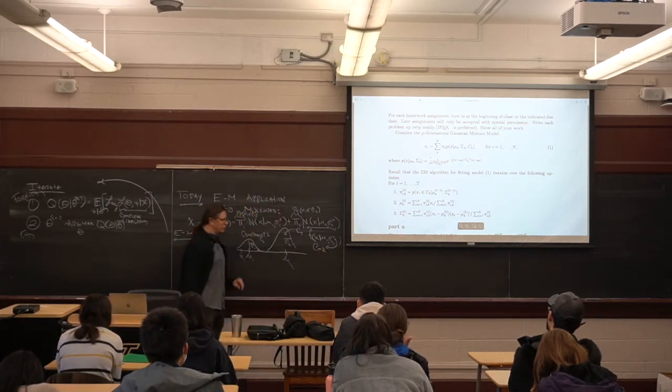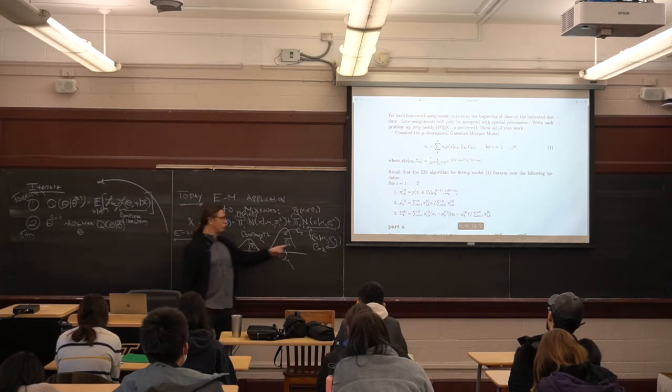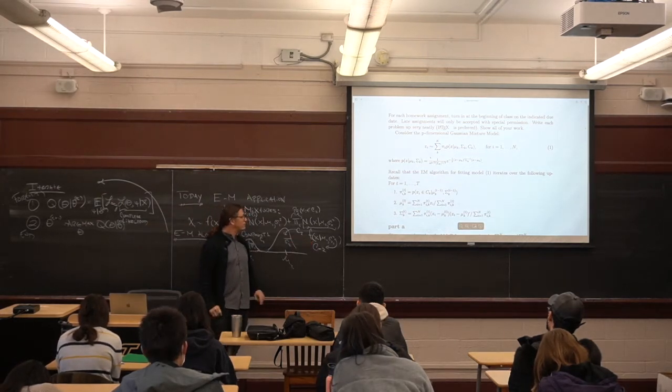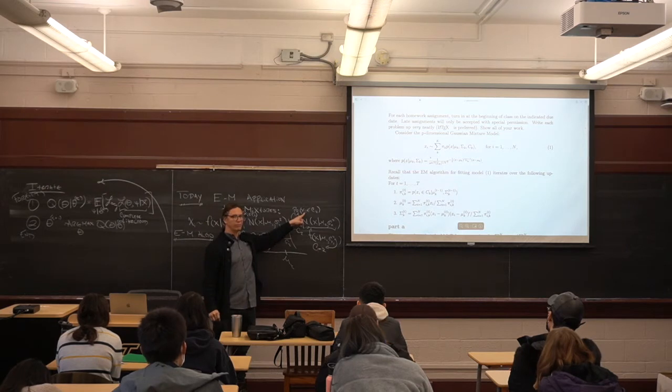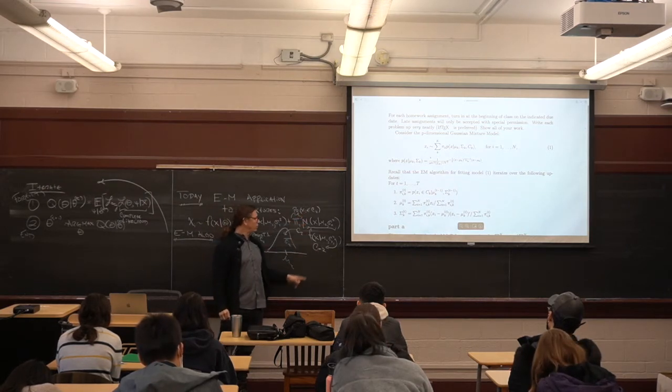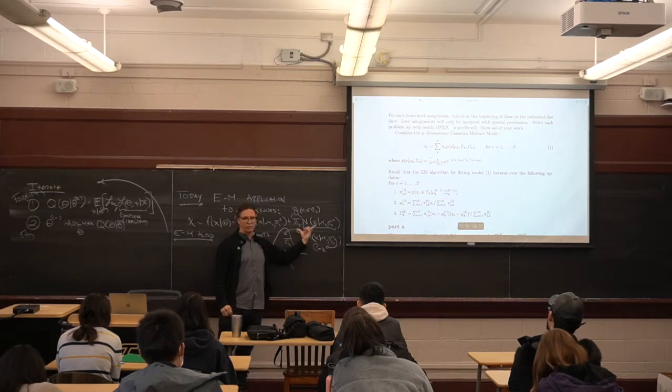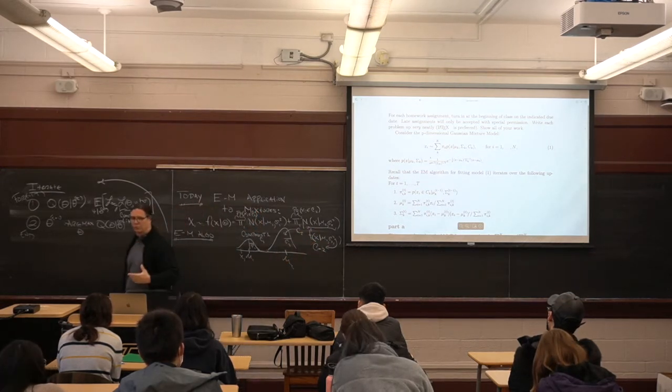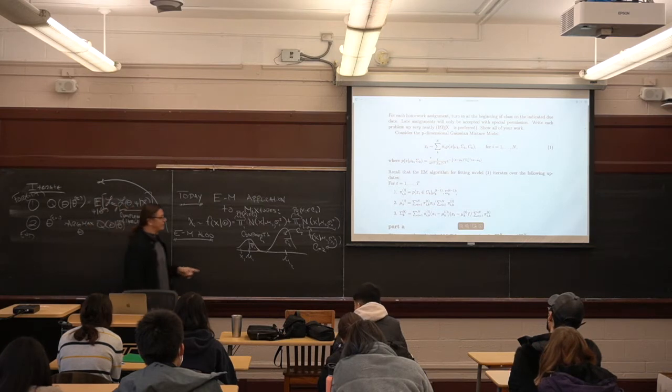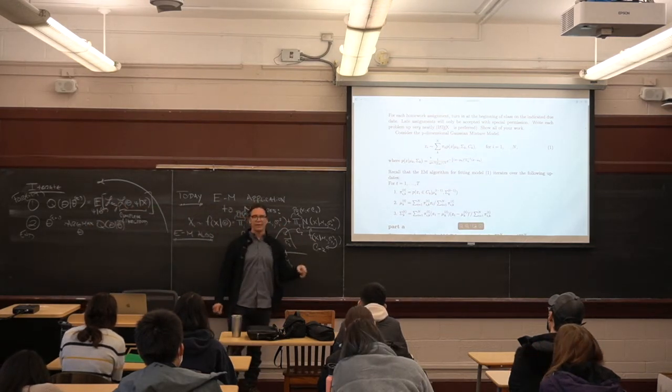In my notation, this is the conditional distribution. This is the probability of coming from C2. This is the probability of x coming from component C2. So these two things multiply together, the joint distribution of things that came from C2 and you get the x.